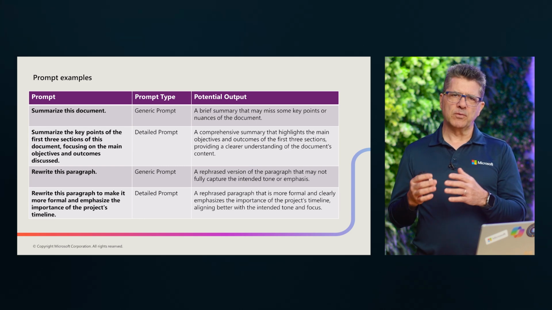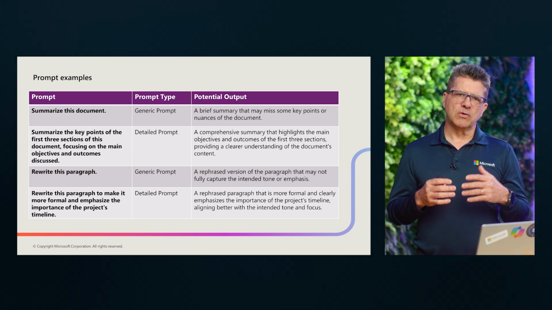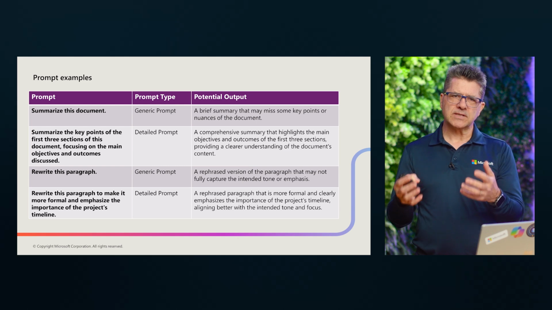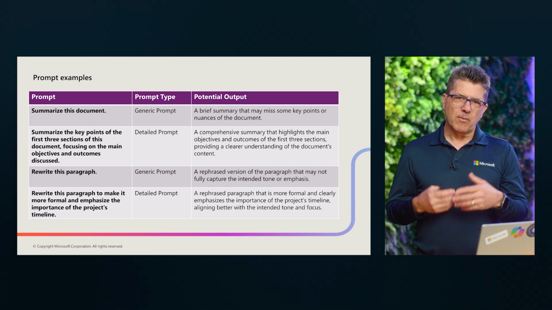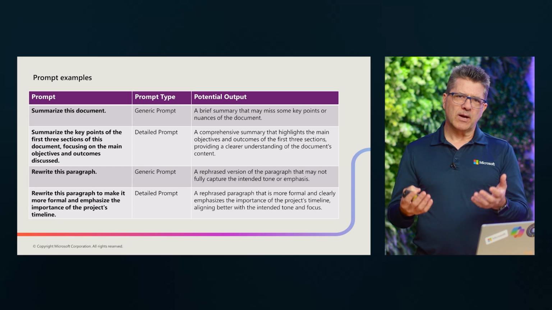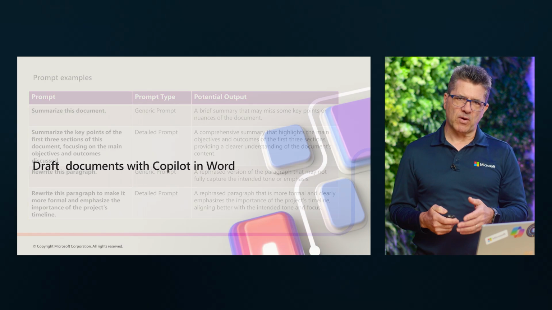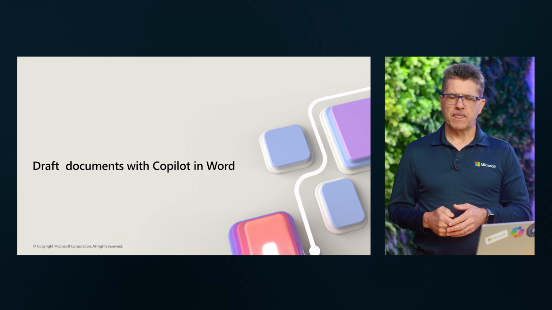So as we look at building prompts, we want to look at prompts as a way to express ourselves with the AI. And the more expressive we are, the more expressive the responses are going to be as well.